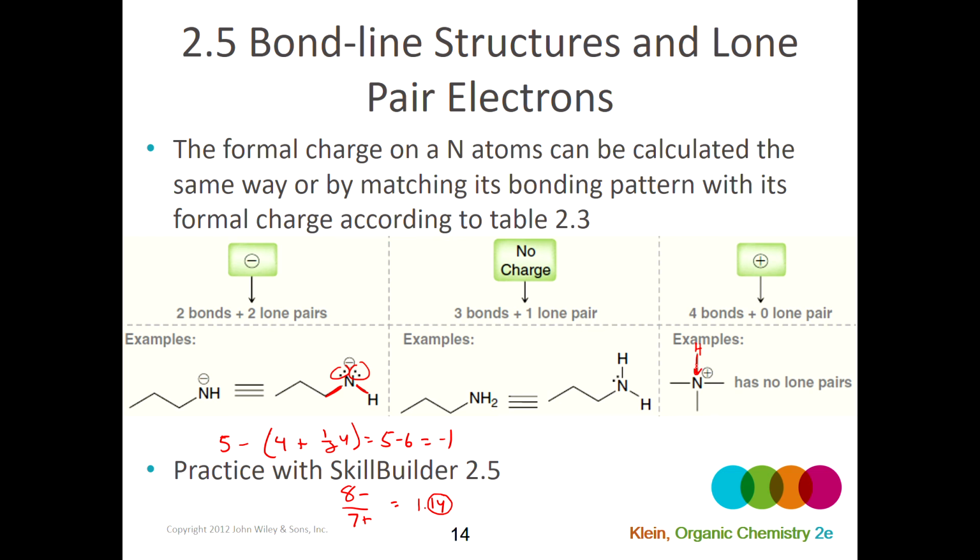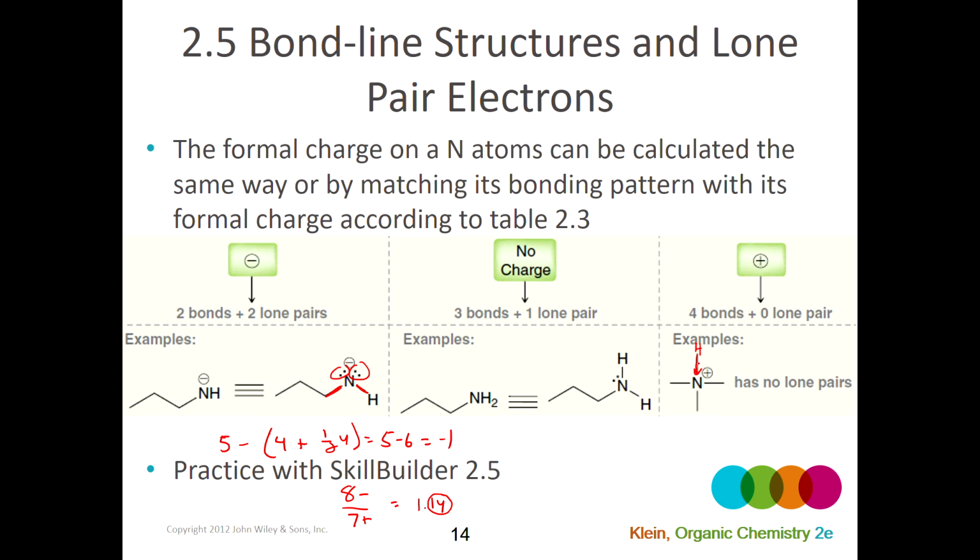But nitrogen's pretty good at sharing electrons with these other atoms, even if it takes on 4 pairs and then takes on extra positive. Even though it attracts the electrons in, it still doesn't attract them so much that it breaks the bonds really easily. So that's a situation that you might see fairly often.